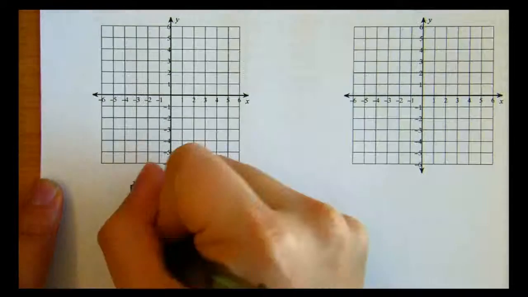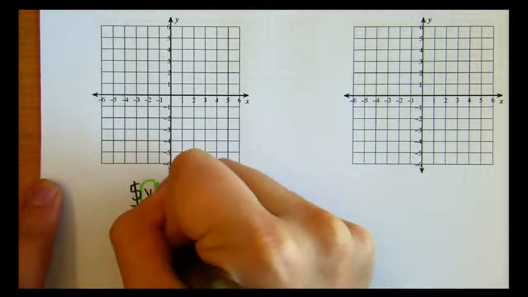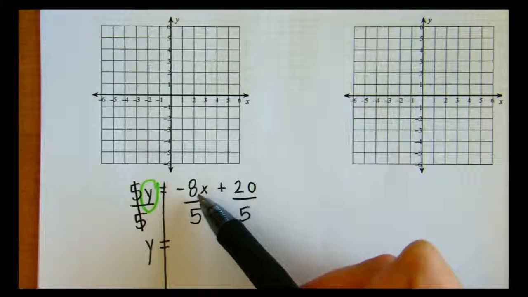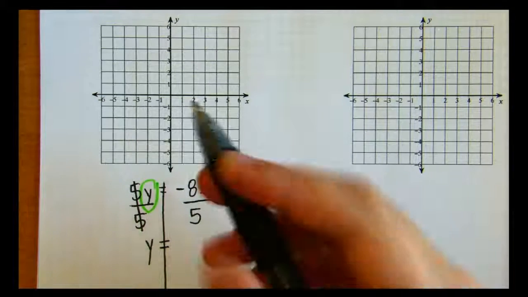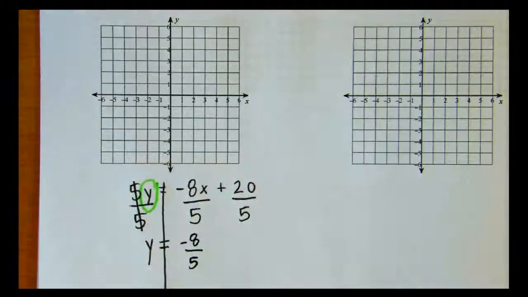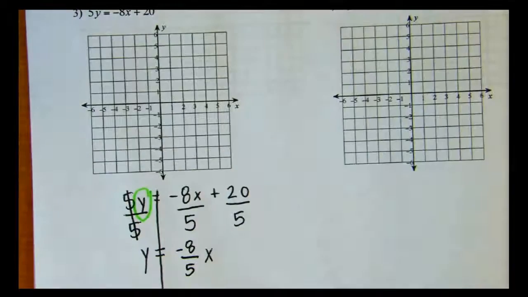On this side, I'm just left with y equals. Over on this side, I'm going to take my coefficient, the number in front of x, so negative 8, and divide it by 5 so that I've got a fraction out in front, and then I'll write my x.